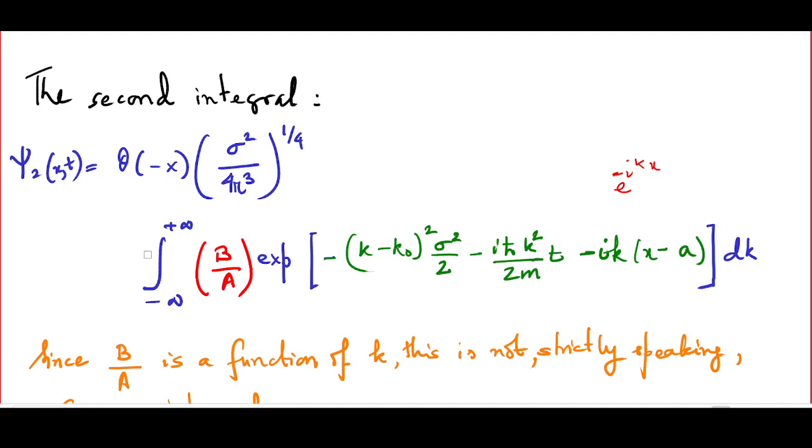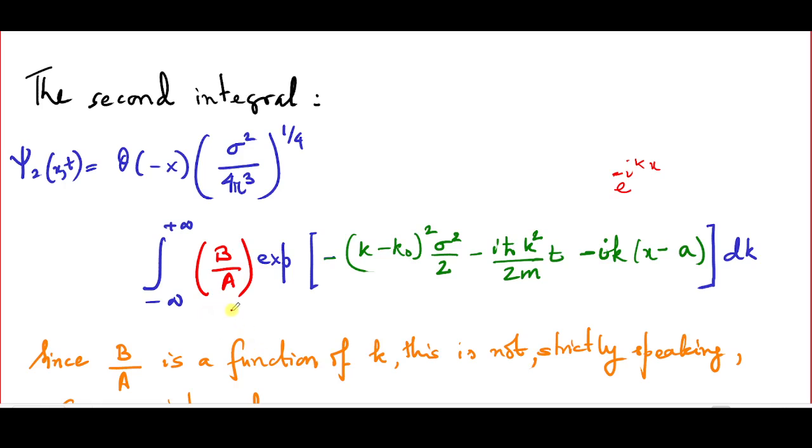However, note that the size of this exponent, which is dictated essentially by e to the power minus k0 squared sigma squared by 2, this piece becomes very small when k stays far away from k0. Roughly, k0 plus or minus 1 over sigma is the range over which k can be. Outside that, this term essentially drops off to 0.